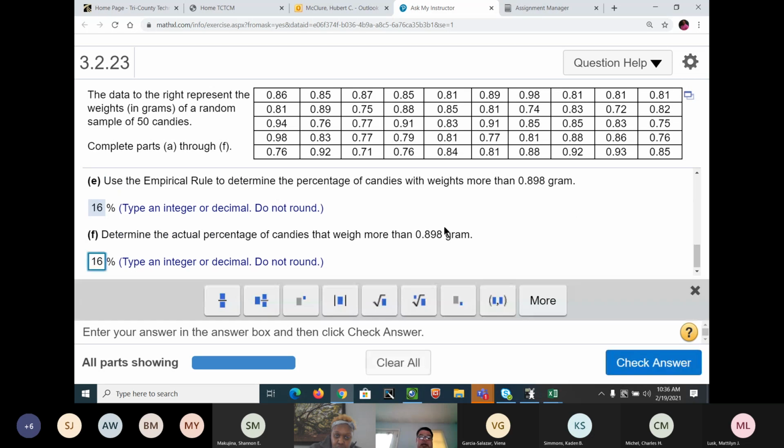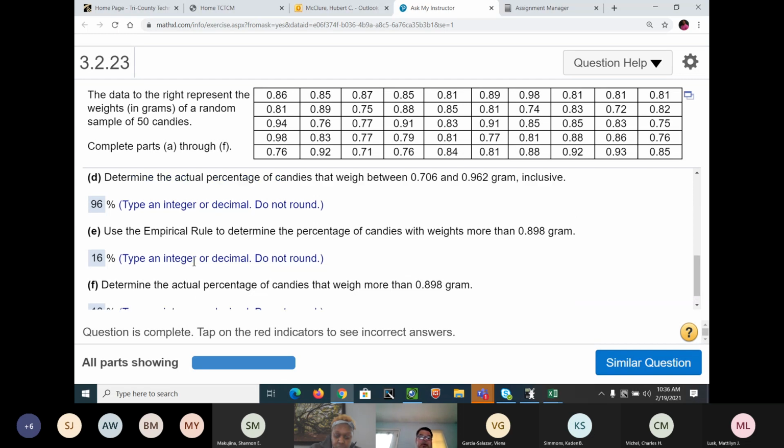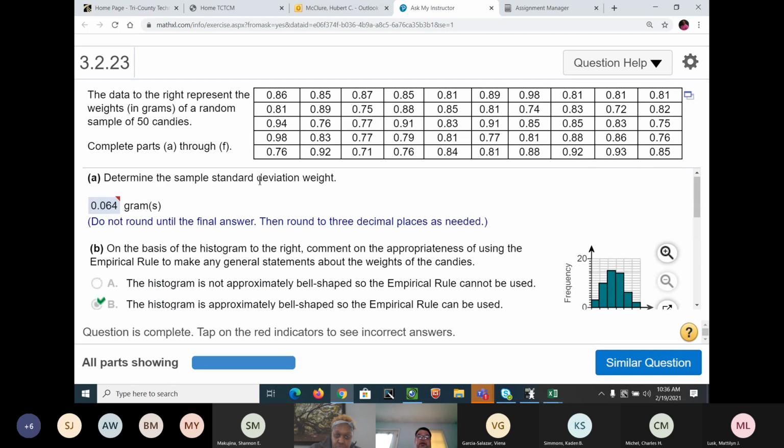Now, Miss Dennis asked me if this is a test question. This right here, if I pick 15 or less of these, is a test question. I'm not going to give you a test question with 50. Does everybody see that? These are very good. These 4 or 5 questions right here, the sample standard deviation, good test question.